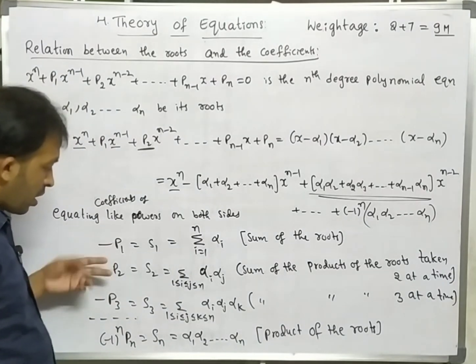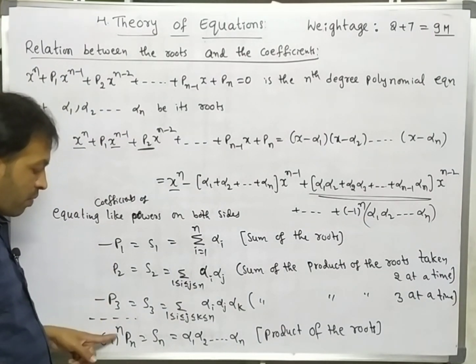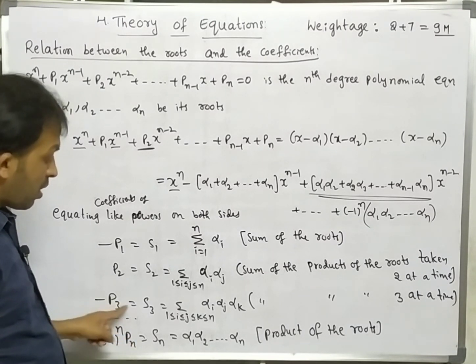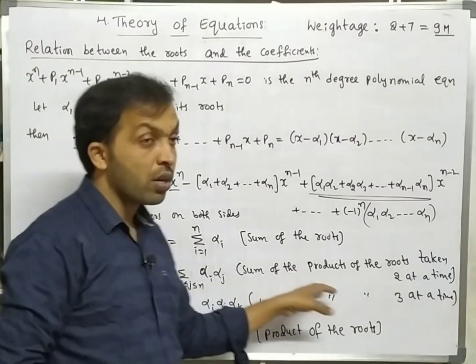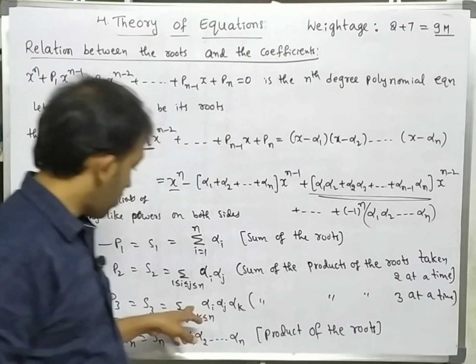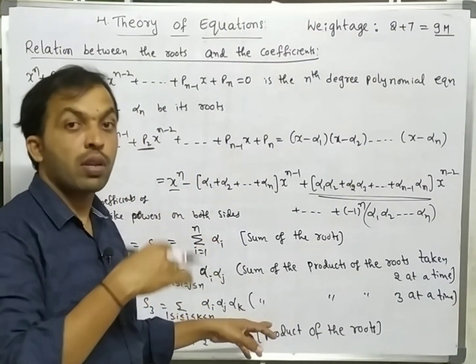We will get alternate negative, positive, minus, plus like that. That's why I wrote minus 1 whole power n into pn for the last term. Minus p3 is equal to the sum of the product of the roots taken 3 at a time. This is the expansion: alpha 1 alpha 2 alpha 3, alpha 1 alpha 3 alpha 4, like that.